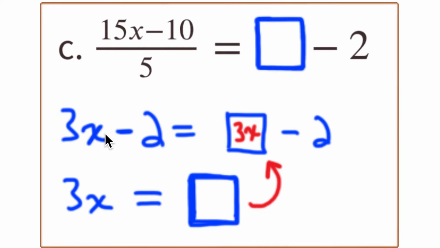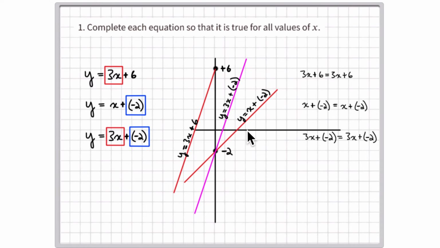And so now both sides of this equation are equal to each other. So whatever value I choose for x is going to get multiplied by 3, and 2 is going to be taken away or subtracted from that. And that's what this line shows you right here, this pink line. So again, over here both sides of the equation are equal to each other. One expression on the left is equal to the same expression on the right. So if you take one of those expressions and write it as a linear equation, a graph of that equation ends up being this line.